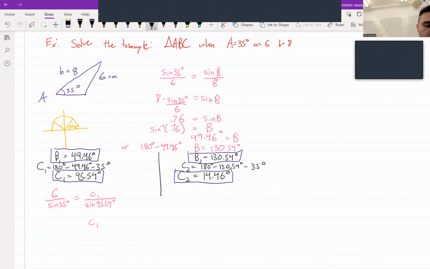Then I have c1 equals sine of 95.54 degrees times 6 over sine of 35 degrees. C1 is then going to equal, just plugging this into my calculator, 10.41.